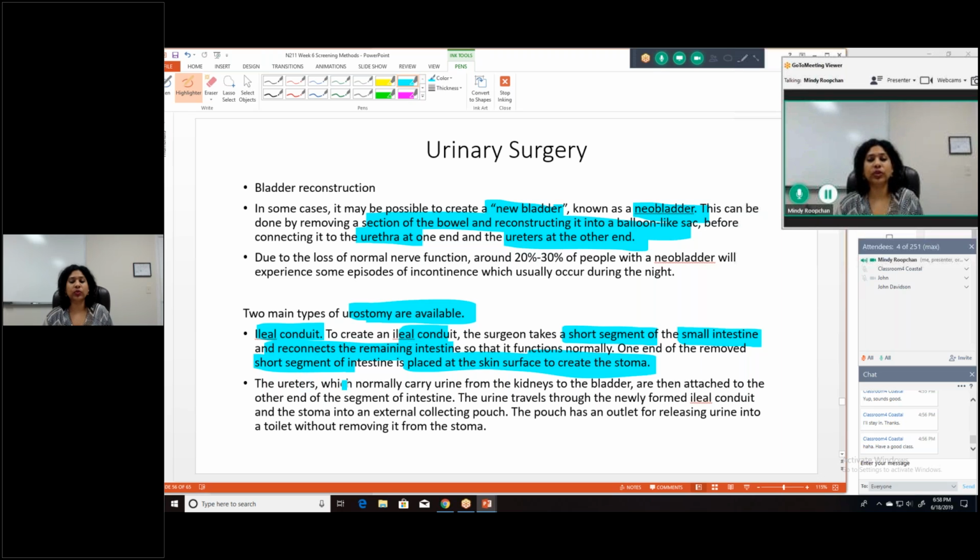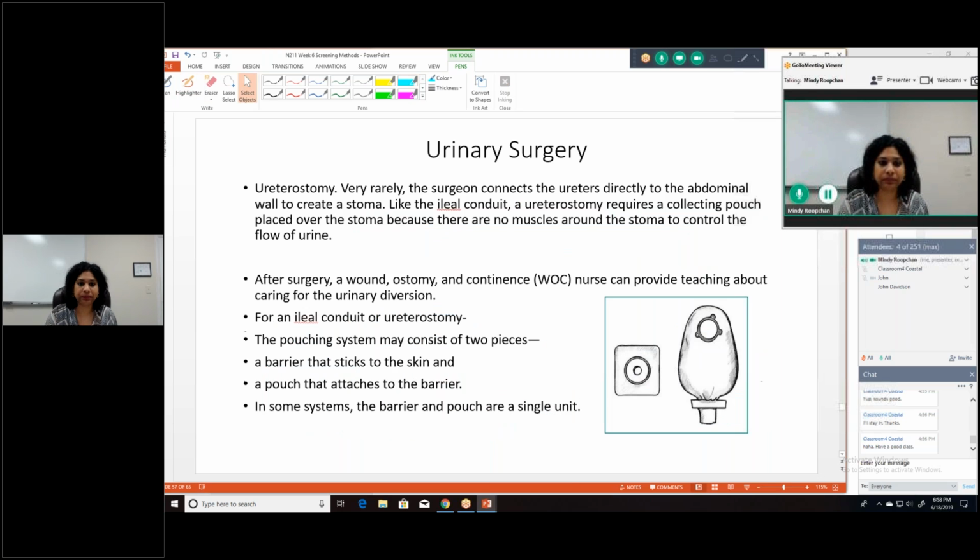The ureters, which we know carry urine from the kidneys to the bladder, are then attached to the other end of the segment of intestine. Urine is going to travel through that newly formed ileal conduit and the stoma into an external collecting pouch. This pouch is an outlet for releasing urine into the toilet without removing it from the stoma.